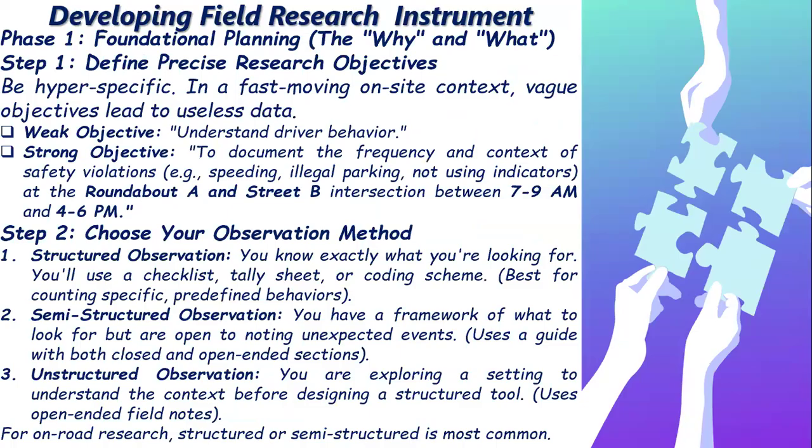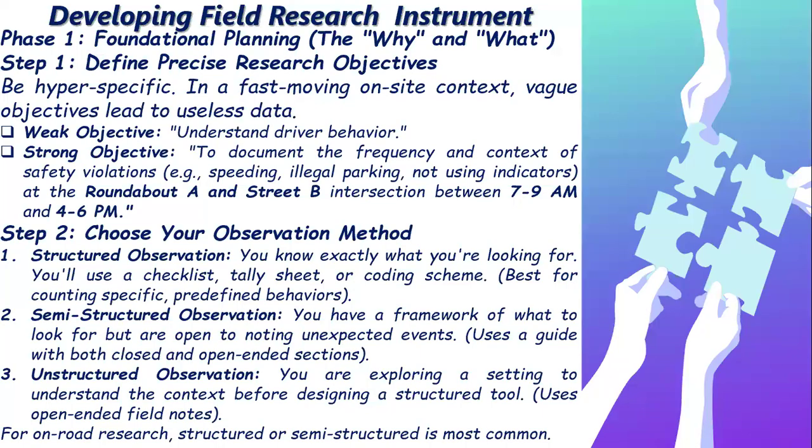Fundamental planning, the why and what. Step 1. Define the precise research objective. Be hyper-specific. In fast-moving on-site contexts, vague objectives lead to useless data. Weak objective: understand driver behavior.